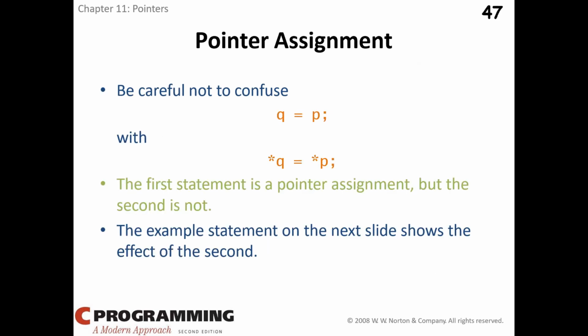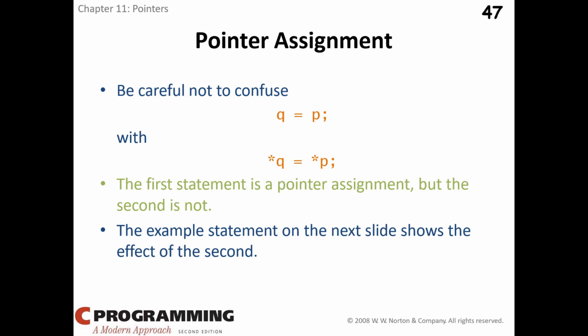And it's important to distinguish between two different operations, q = p and *q = *p. The statement q = p is a pointer assignment where the value of pointer p is assigned to pointer q. This means that both q and p will point to the same memory location after this assignment.